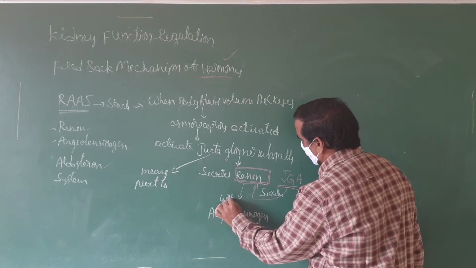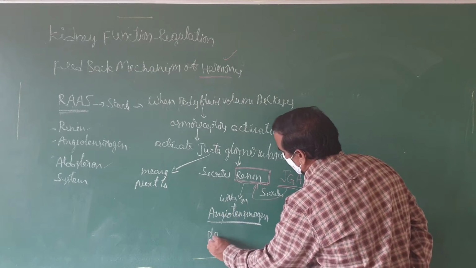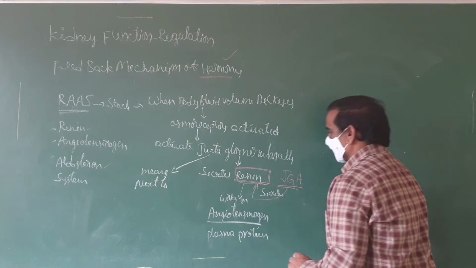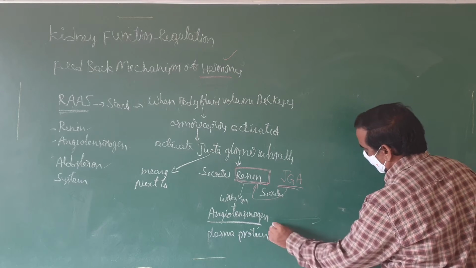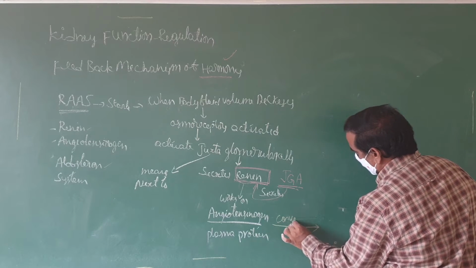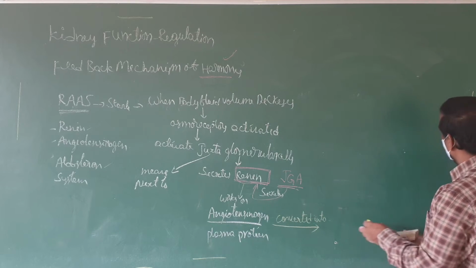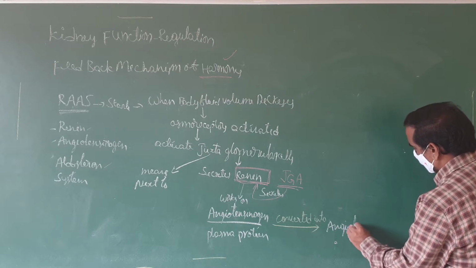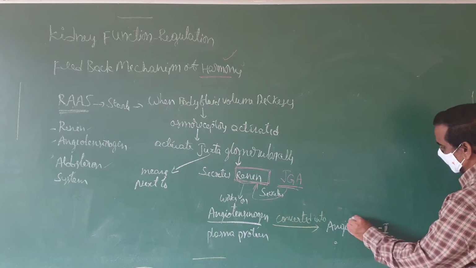Renin works on angiotensinogen. This angiotensinogen is a plasma protein. This angiotensinogen is converted into angiotensin 1, sorry, angiotensin 2.